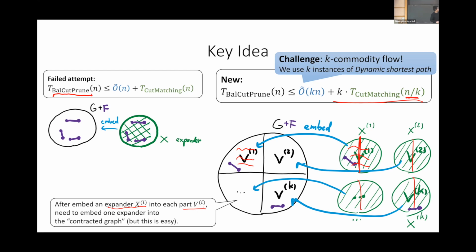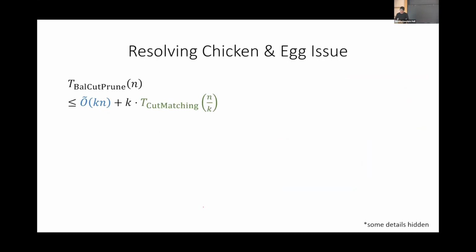If you successfully embed an expander into each part, you are not quite done yet. You need to embed just one more expander, an expander between parts. But this is super easy. It's a graph of size k now, which is super small. Don't worry too much about this. But if you do this, it's going to work.